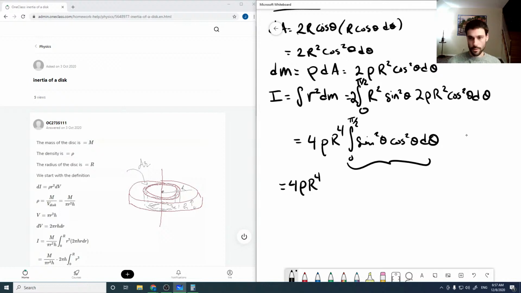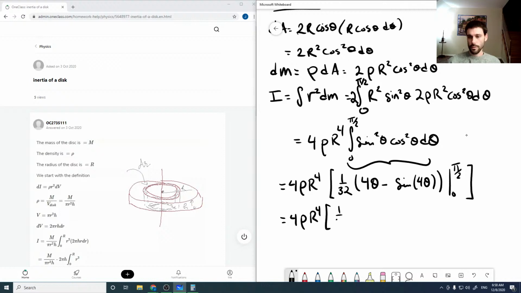And so this comes out to 1 over 32 times 4 theta minus sine of 4 theta from 0 to pi over 2. And now we can do this all out fully, but if we look, if we put a pi over 2 in here, then this actually has a value.